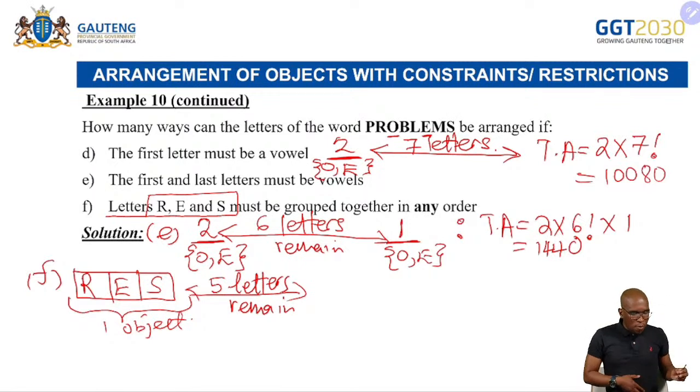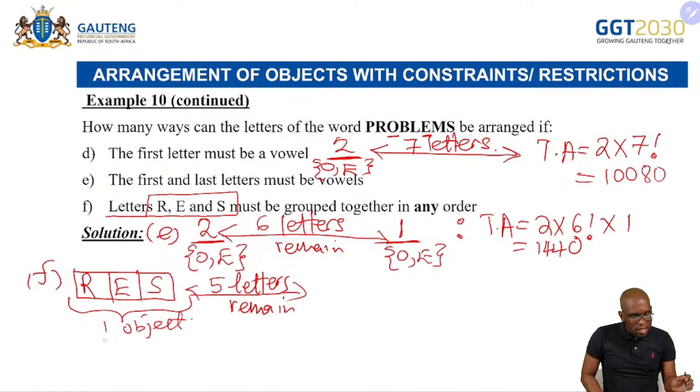Now that we've grouped R, E, and S, remember they can move positions. If the question said R, E, and S must be the first 3 letters, you were going to fix their position. But in this case, they did not say that.